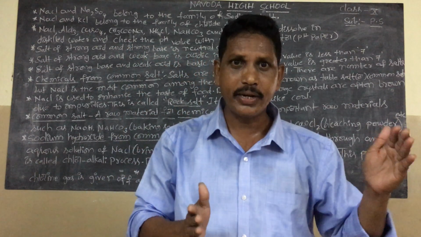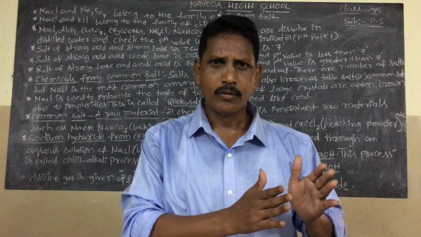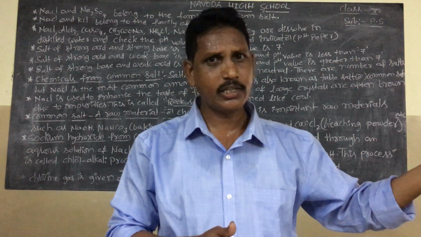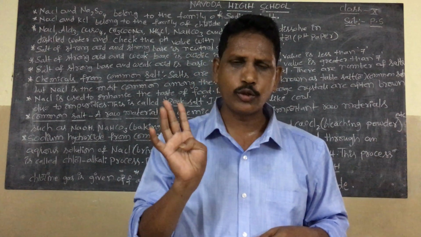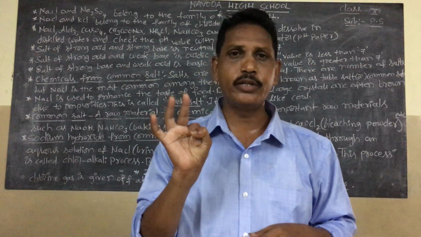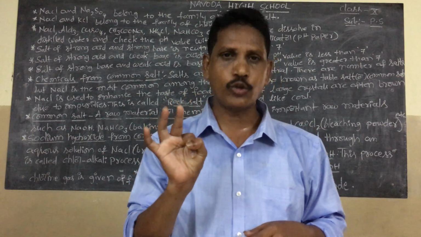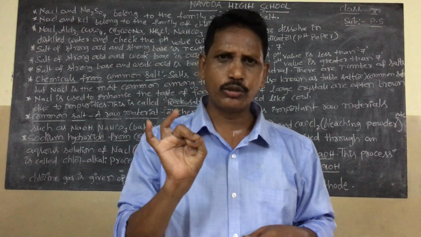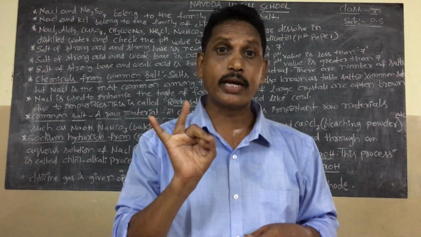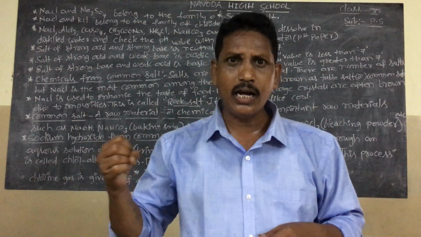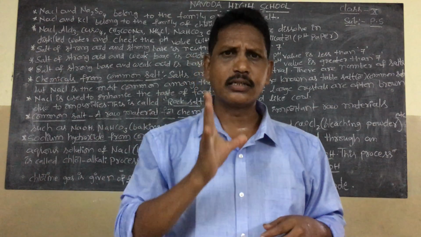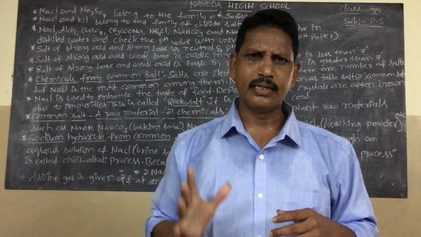Common salt is a raw material, a starting material, for some chemicals. Examples: NaOH, sodium hydroxide; baking soda, NaHCO3, sodium hydrogen carbonate or sodium bicarbonate; washing soda, Na2CO3; and bleaching powder, CaOCl2. These are all produced from common salt, that is NaCl.